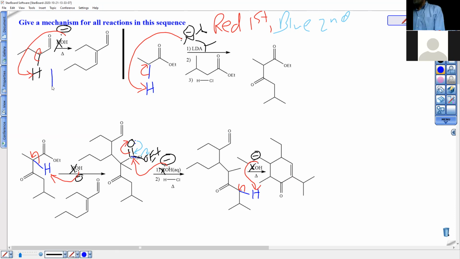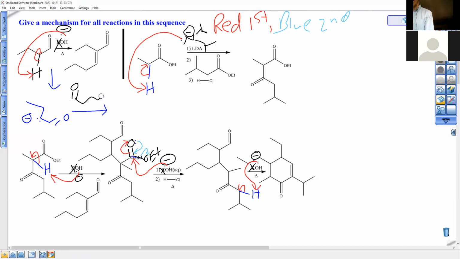So what we have here is this one. Oof. And it's going to react with an unreacted version of itself. That's 5 carbons. 2, 3, 4, 5. Should be 4. And we can combine a couple things here.